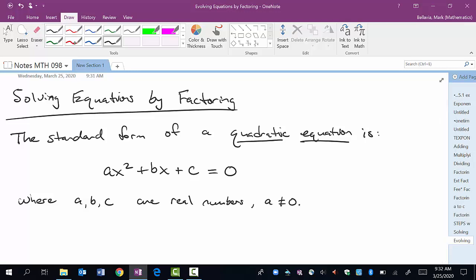So the standard form basically says you want everything on one side of your equation and 0 on the other side.